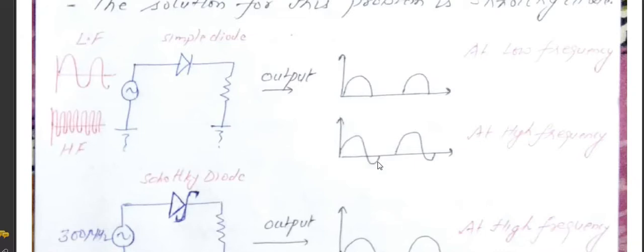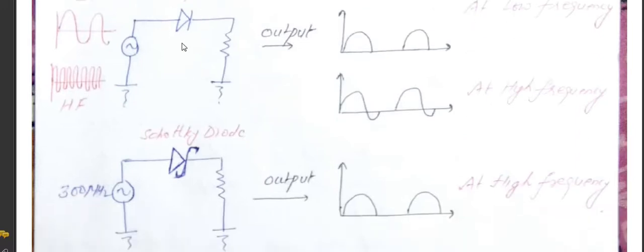This part, which is the output corresponding to the reverse bias state of the diode, is totally undesirable. So this is how a simple diode behaves when it is used at high frequencies.